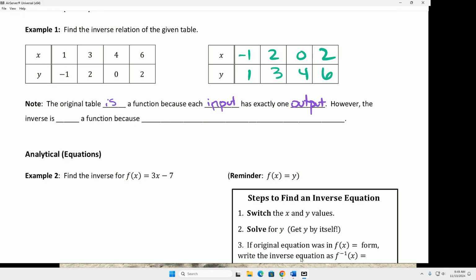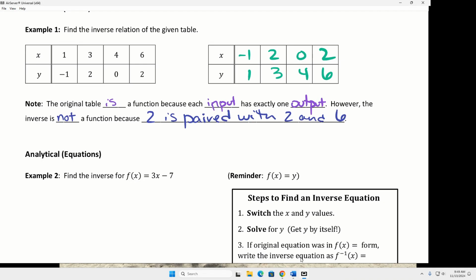All right, what about the inverse? Would you say the inverse is a function? No. And the input that messes it up is the 2. So 2 is paired with 3 and 6.